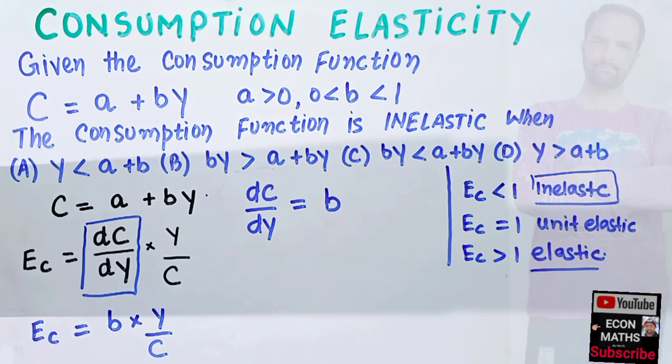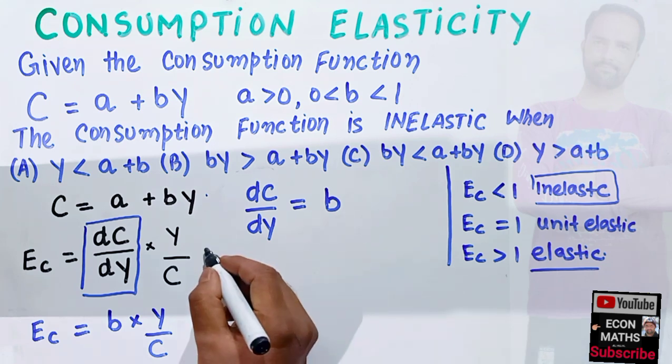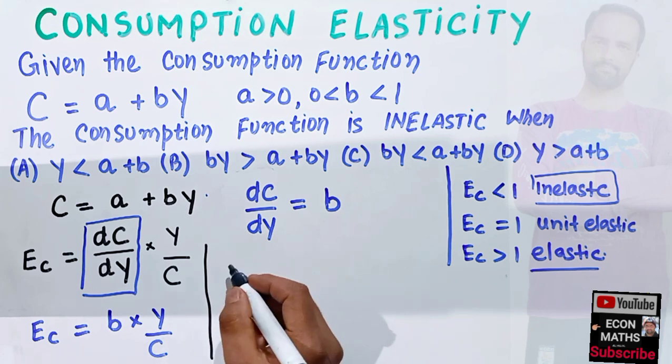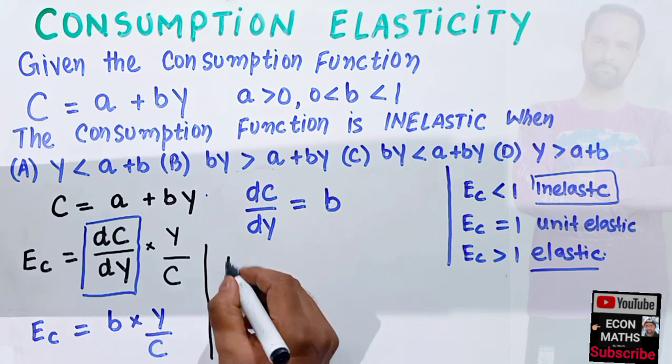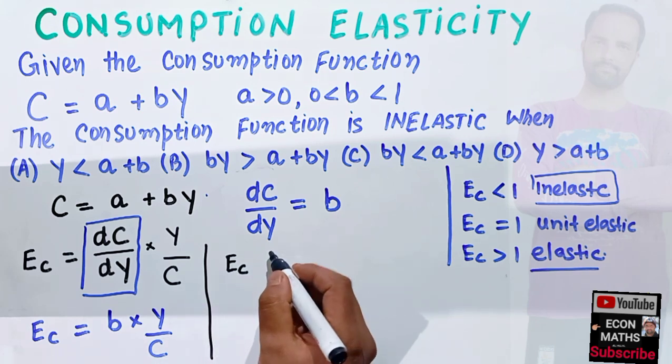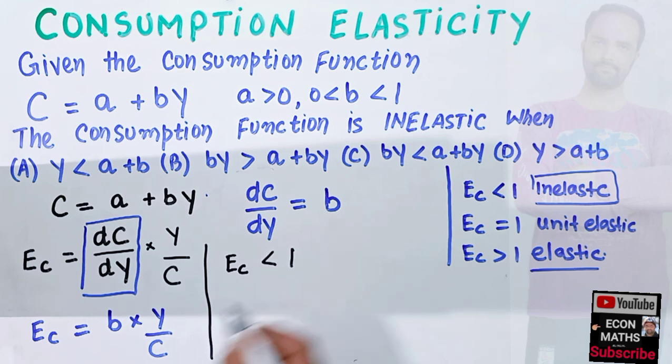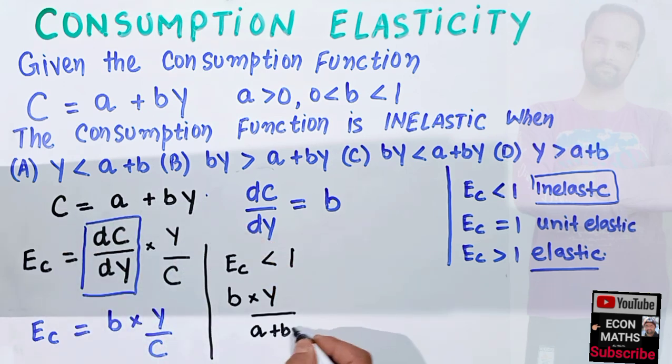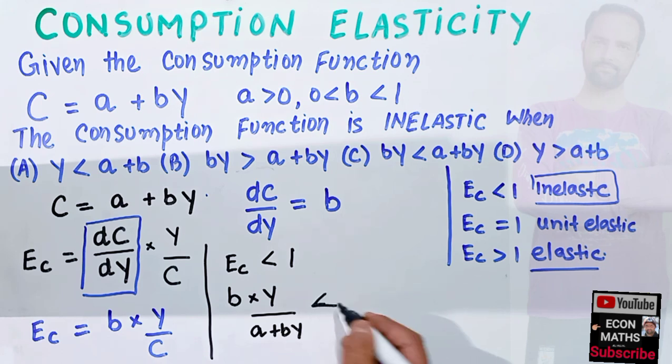So in this question EC should be less than 1, and EC is equal to B times Y upon C, and the value of C is this very function, that is A plus BY. It should be less than 1.